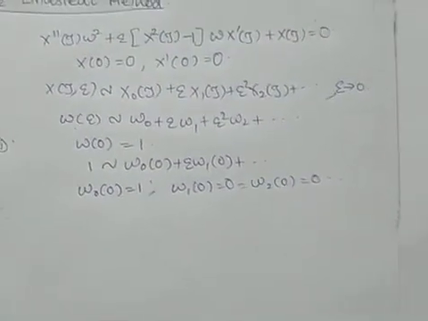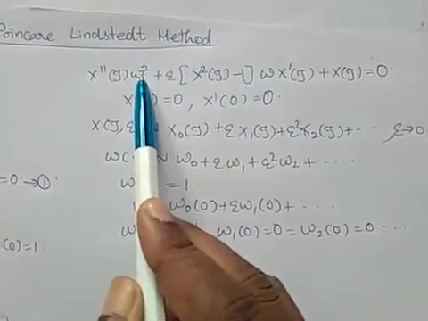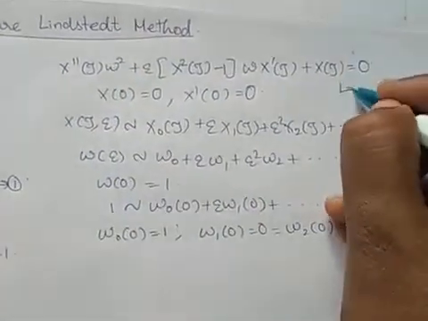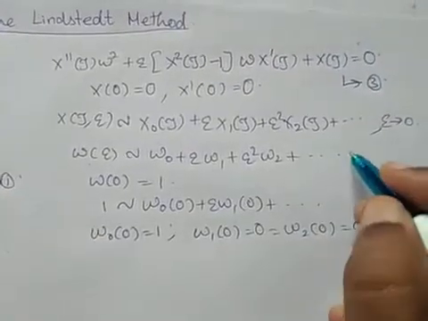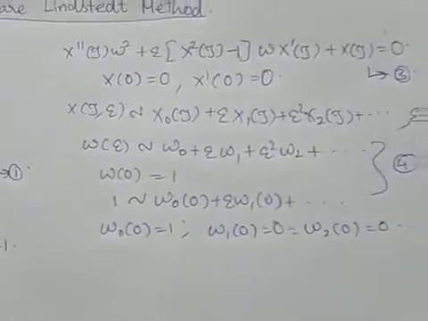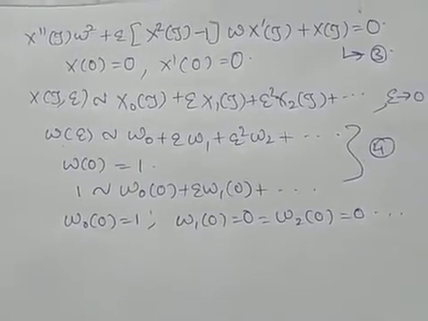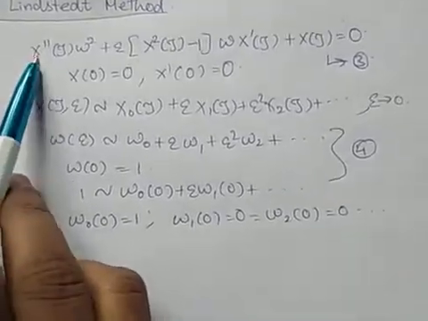Now in our equation, we are having omega also. Here I will take this as equation 3 and this as equation 4. I am going to substitute 4 in equation 3. Now our equation 3 becomes, what is x double dash?